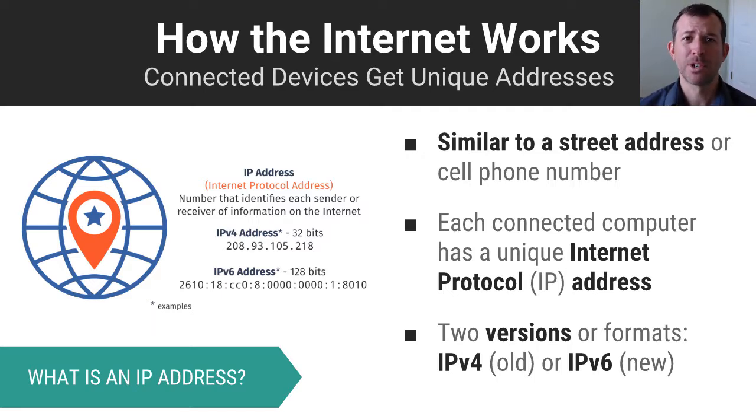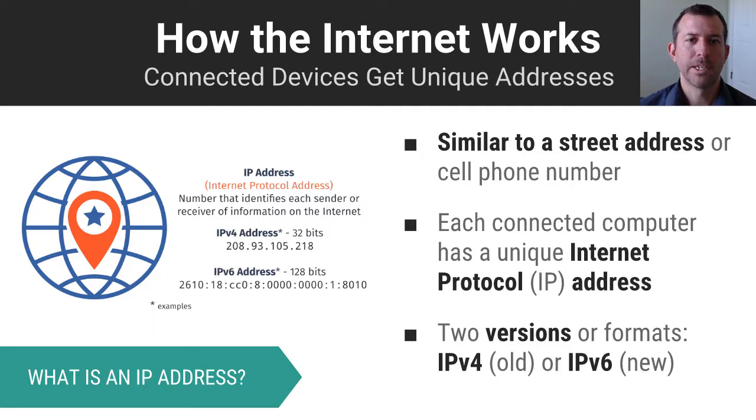When the internet was originally designed, there was a format called IPv4. This was the original version of IP addresses, and it's the one that you're probably familiar with. In this example, I use 208.93.105.218. This was an old style, what we call IPv4 or version 4 IP address, and it was 32 bits in length.